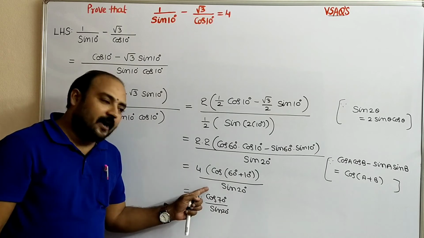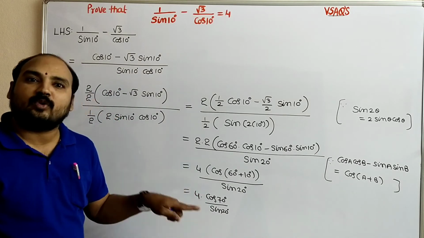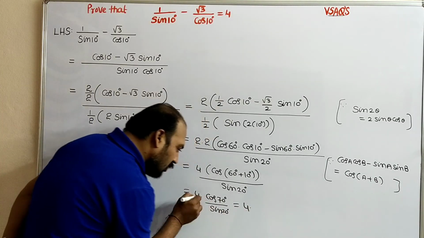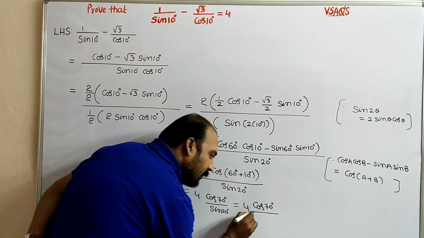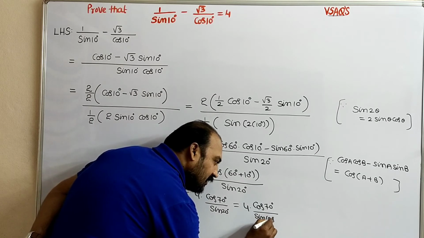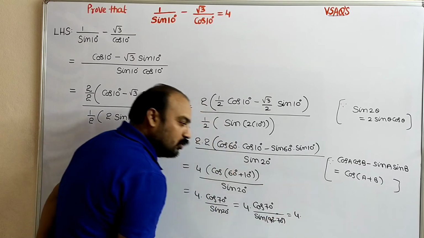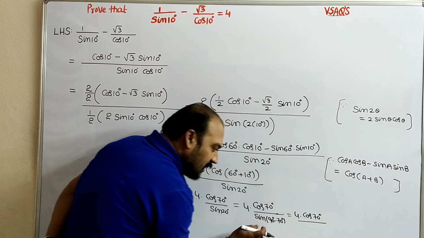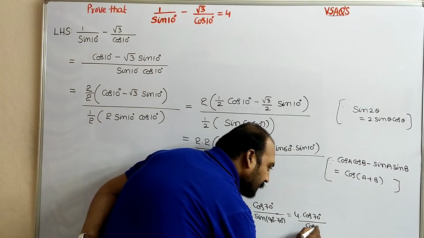Either the numerator in terms of sine or the denominator sine in terms of cos, you have to convert it. So 4 times cos 70 divided by sine 20 can be written as sine of 90 minus 70. So 4 into cos 70 divided by sine of 90 minus theta, which is cos theta, therefore cos 70.